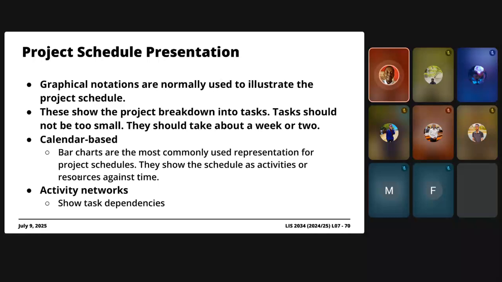And then you have activity networks. We're just going to focus our attention on calendar-based notation here, but you have your activity networks where your visualization itself showcases dependencies that exist amongst your different tasks, right?